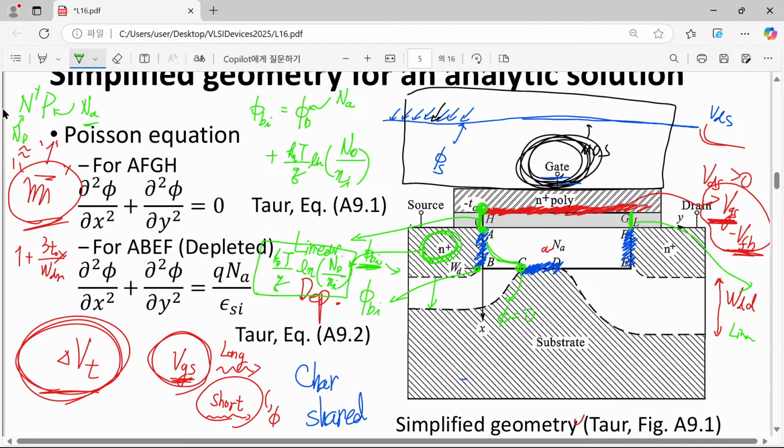Following the same way, even for this drain side, we say that the distance between D and E point is corresponding to W, the depletion width in the drain side, and we have a parabolic behavior. Then if we adopt all of this, now let's just summarize the problem setting.